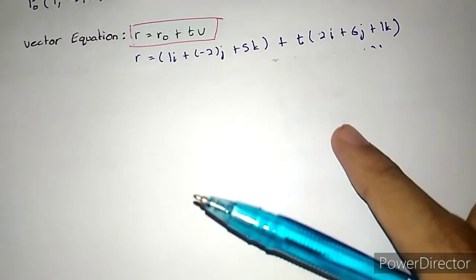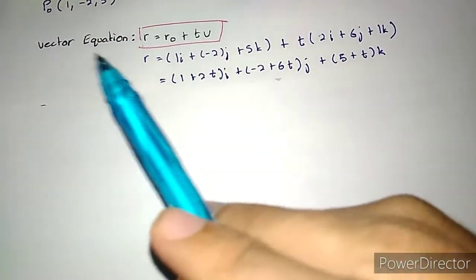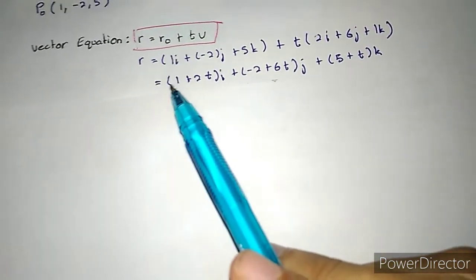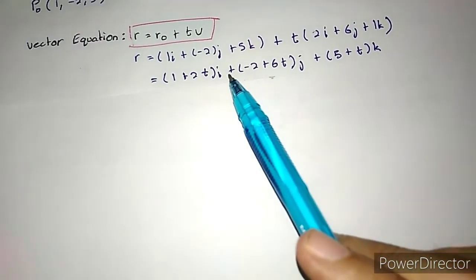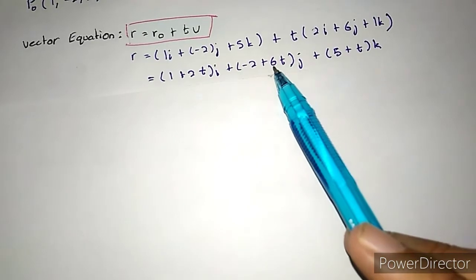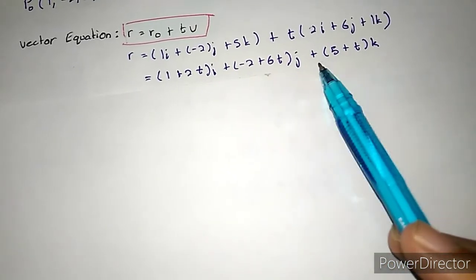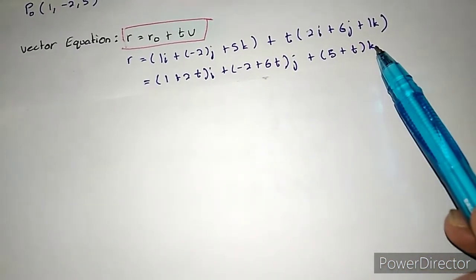Then we factorize, and the vector equation is (1 plus 2t)i plus (-2 plus 6t)j plus (5 plus t)k.